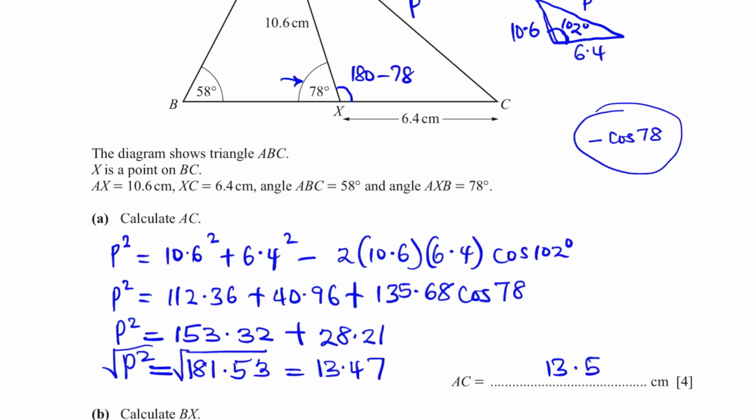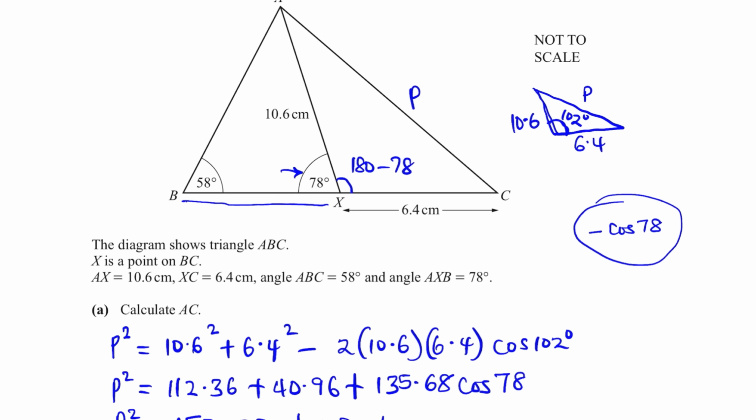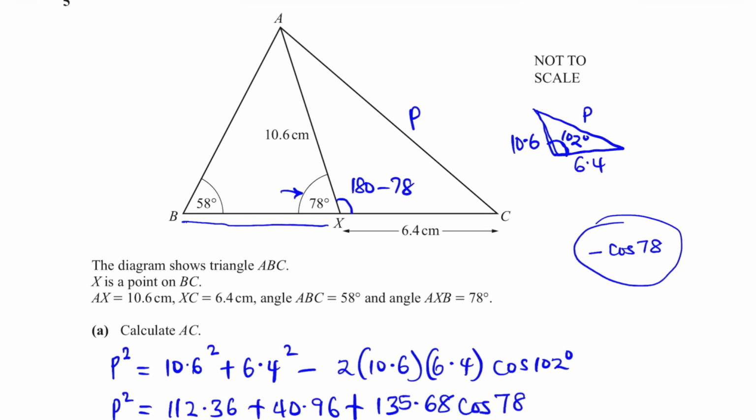Let's move on to the next one, which says calculate for BX. BX is the concluding part of the base of triangle ABC. So how do we find BX? We need to return to the triangle ABX.